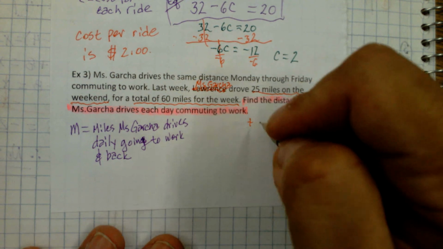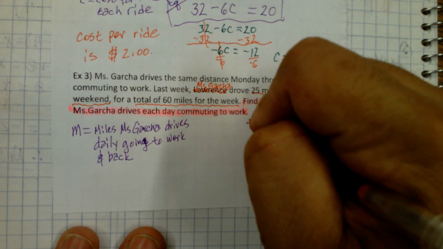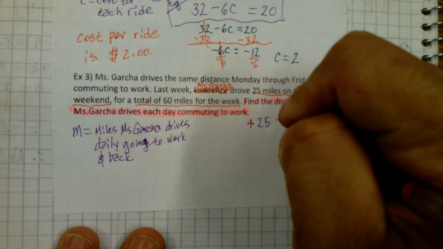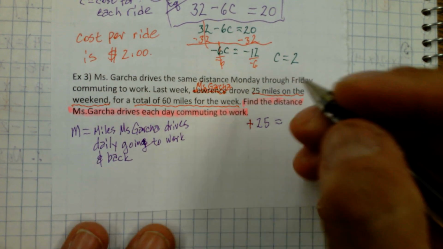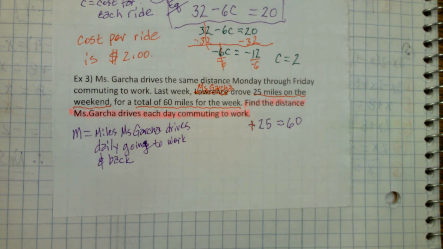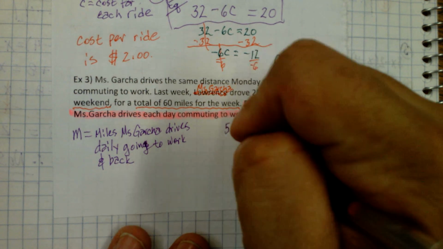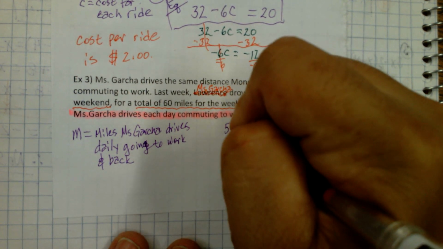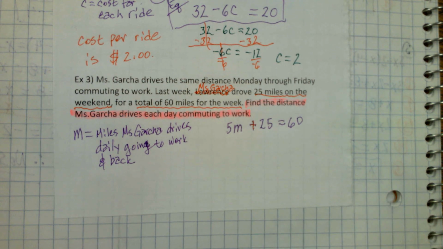So this is what I have so far. Very close. Yes, it is plus 25. And all of that's going to equal 60. So she drives the same amount back and forth every day. How many days are we talking about? 5. So it would be 5, the number of days, times m, the miles she drives each of those days. 5m plus 25 equals 60.